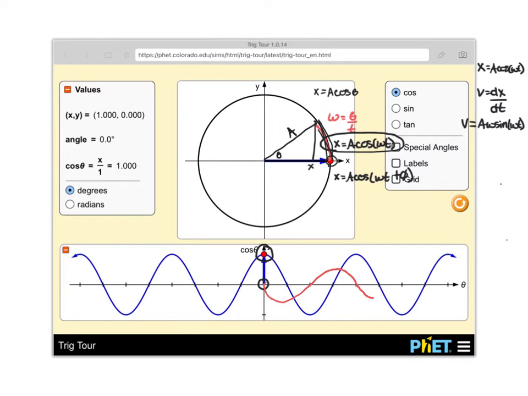And this makes sense due to the conservation of energy, because we know that whenever we're at x equals A, or our amplitude, velocity is equal to 0. Our maximum velocity here is going to be the amplitude times our angular velocity. So this point right here would be A omega.